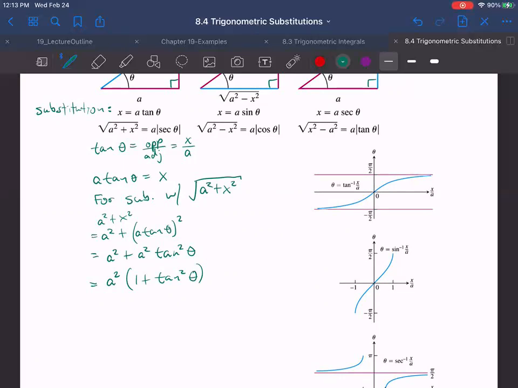What is 1 plus tangent squared? Secant squared. So this is a squared times secant squared theta.